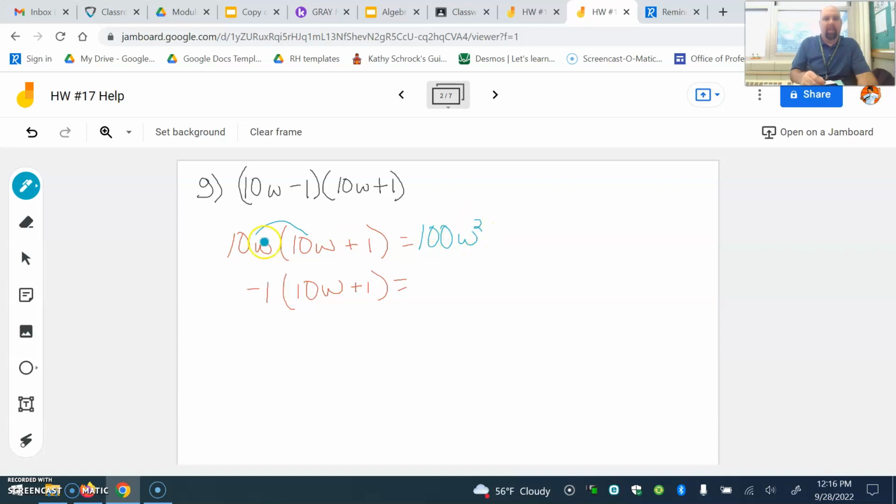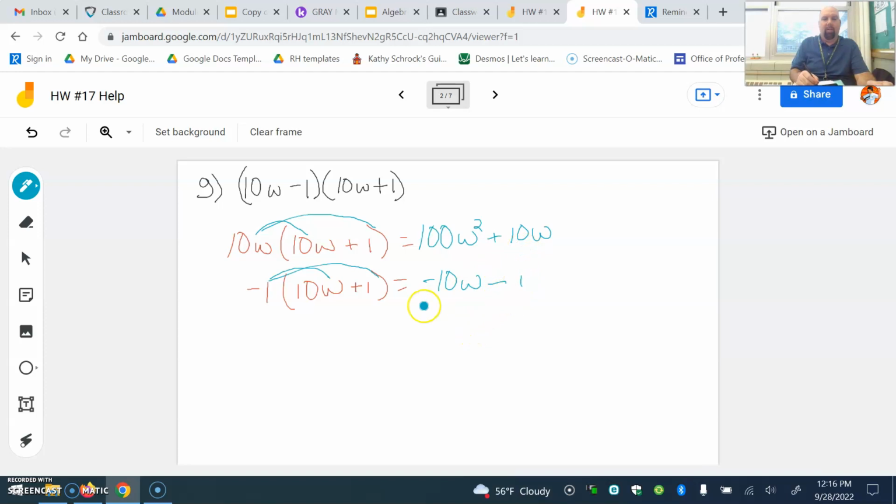All right, so for the first one, 10W times 10W is 100W squared. 10W times 1, well, that's easy. That's 10W. Now, when I multiply the second binomial by -1, it's basically going to negate everything, make it the opposite of what it is. So I have -10W and -1.